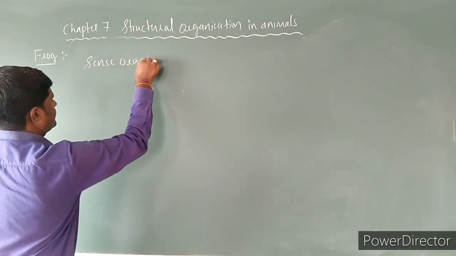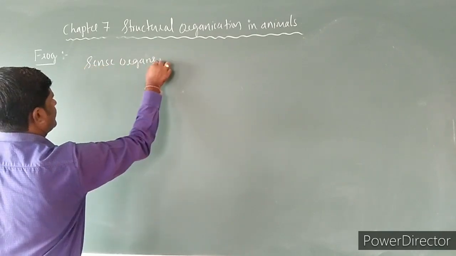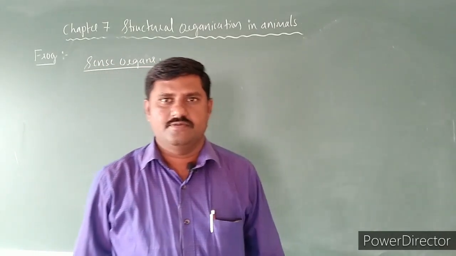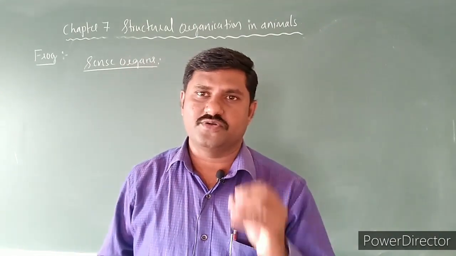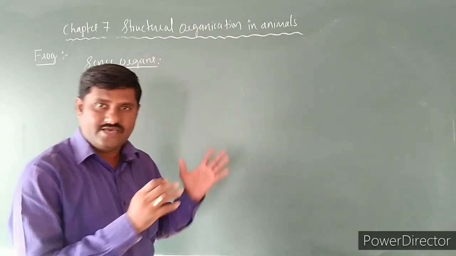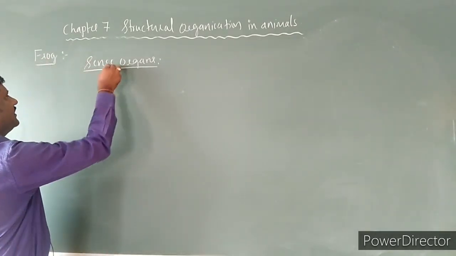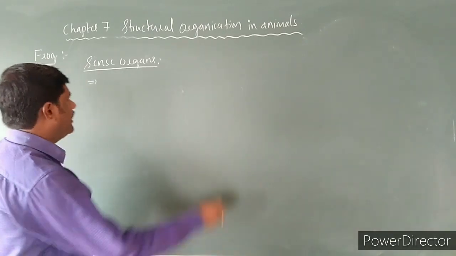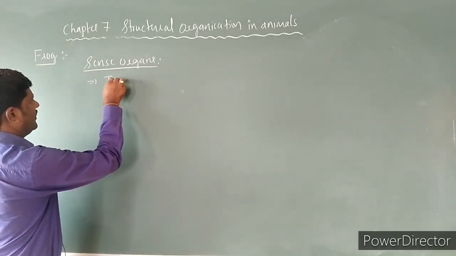Sense organs present in frog. Very important over here. A match the following type of question is usually asked on this topic, right? Why? I will explain. Sense organs are there in the body of this frog. What types of sense organs are there?